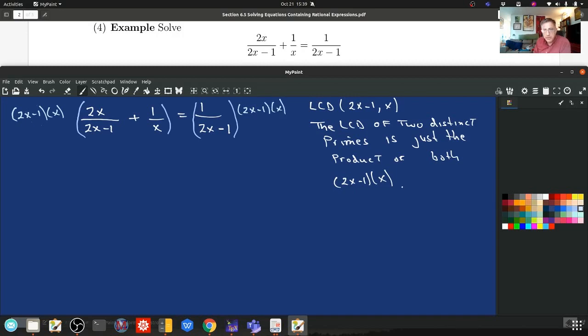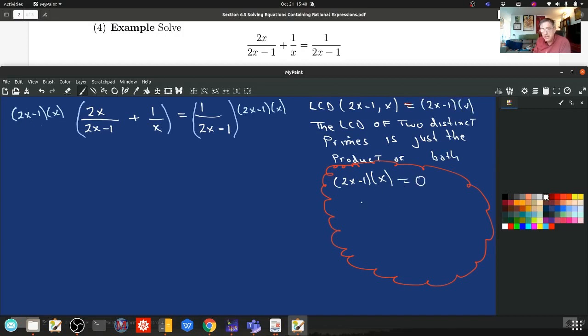So the first thing we do, we have to find the exclusion part. So here's the exclusion part. I'm going to set my LCD, which is 2x minus 1 times x, equal to 0.